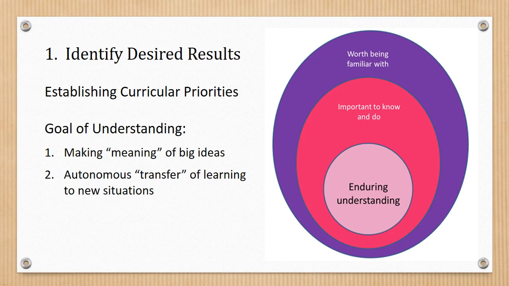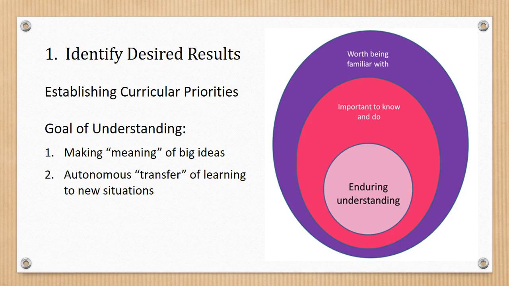In identifying the desired results, they've established this model on the right for establishing curricular priorities. The smallest one is the enduring understanding. That is what students will take away and keep with them. It's kind of what they've internalized through the lesson.